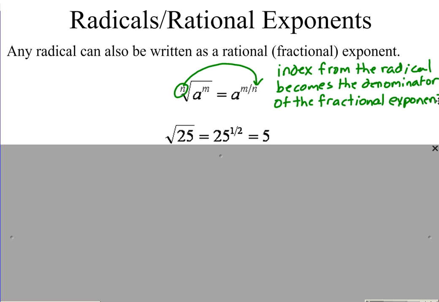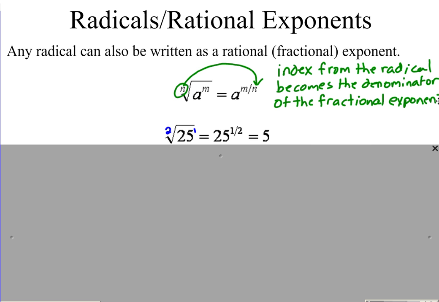So here, if I have the square root of 25, remember the index here, even though it's not written, is an index of 2. The exponent on the 25 here, even though it's not written, is 1. Index becomes the denominator of that exponent. So we have 25 to the 1/2 power. Square root of 25 is the same as 25 to the 1/2 power.